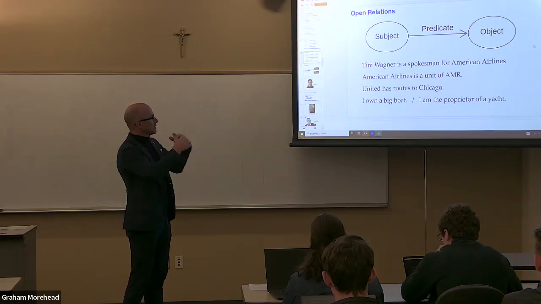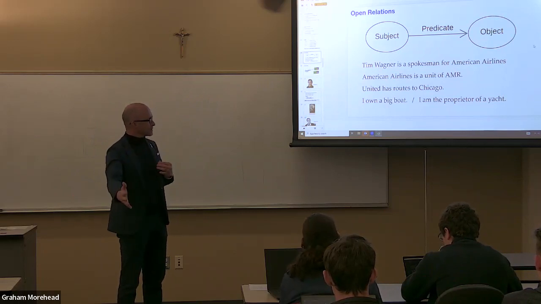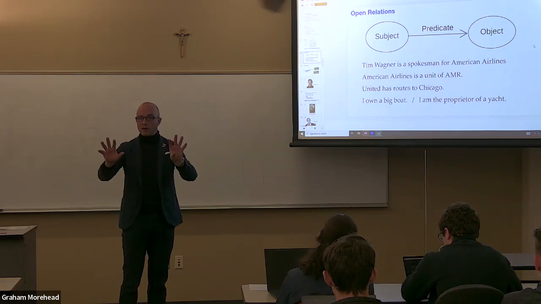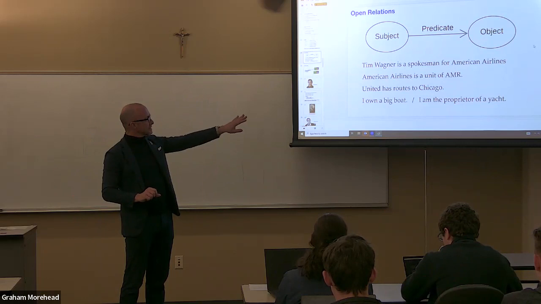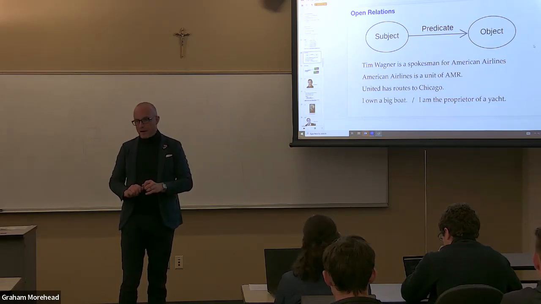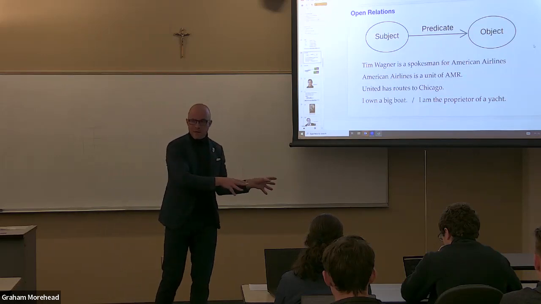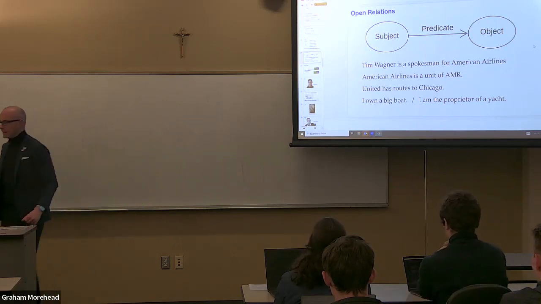Or a person can own something. A person can be the proprietor of something. And then you may look for times when those are the same. Like those two sentences at the bottom, those actually mean the same thing. And semantic matching is another very difficult task.